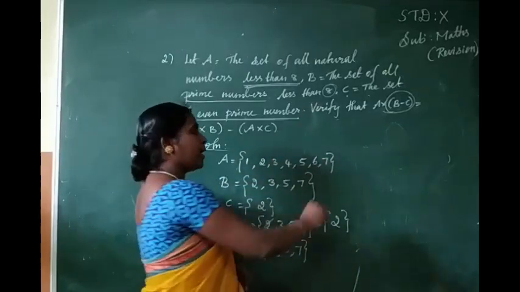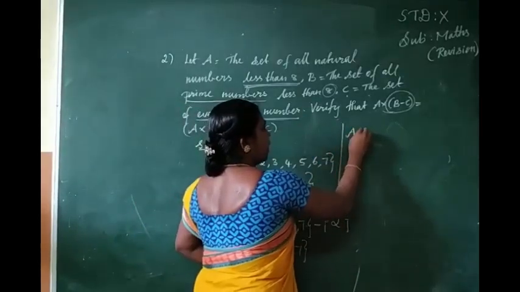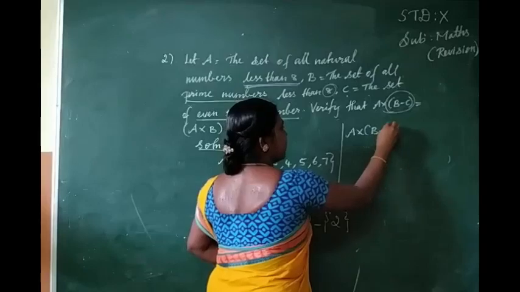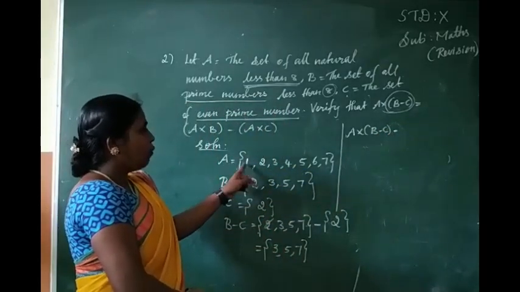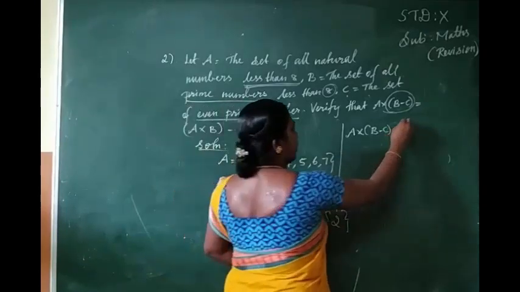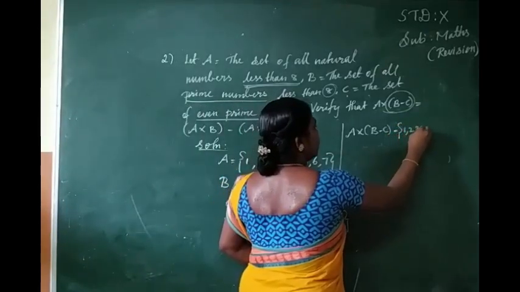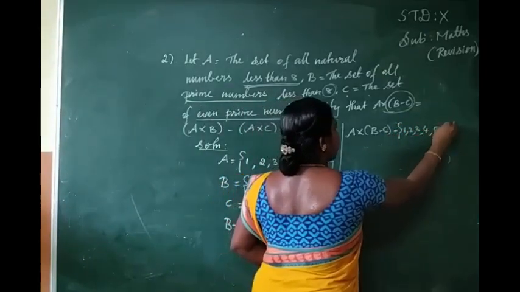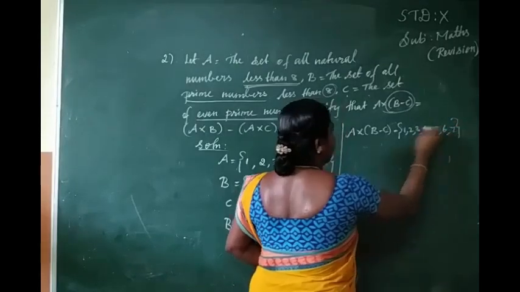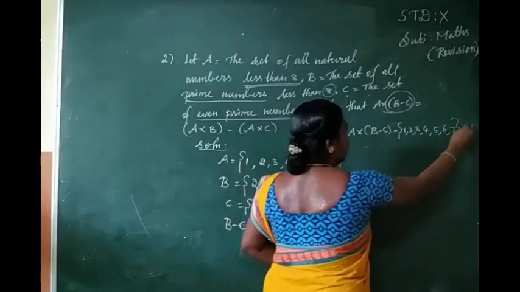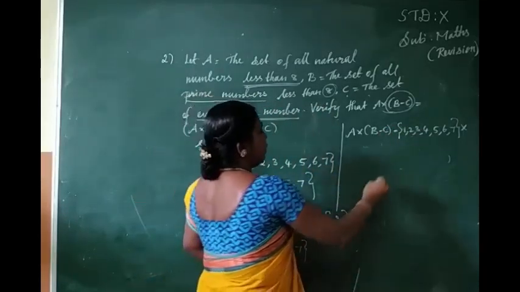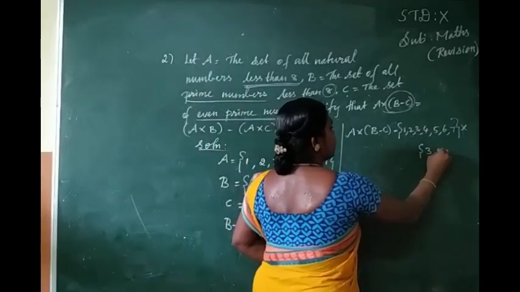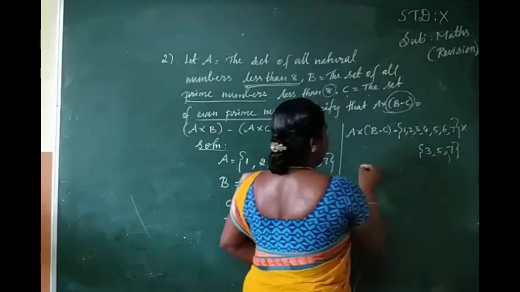Now A cross (B minus C). A is 1, 2, 3, 4, 5, 6, 7, cross B minus C, which is 3, 5, 7. Now we can do it.